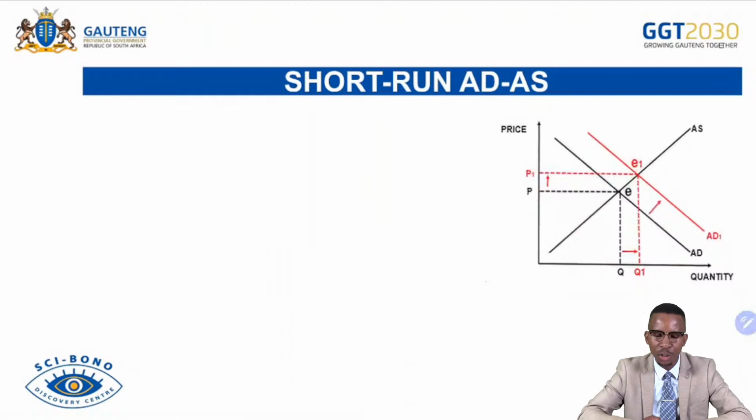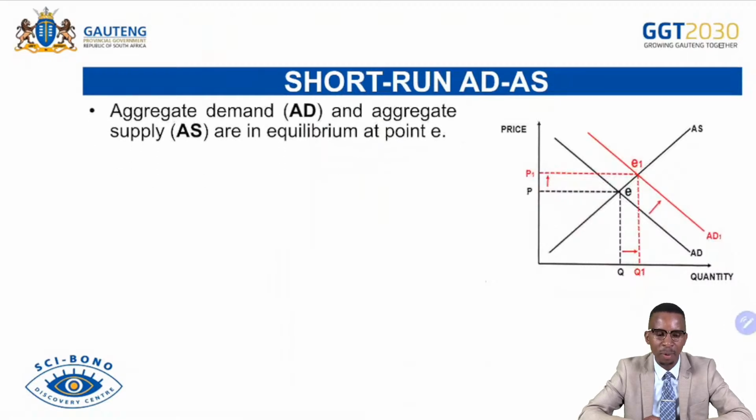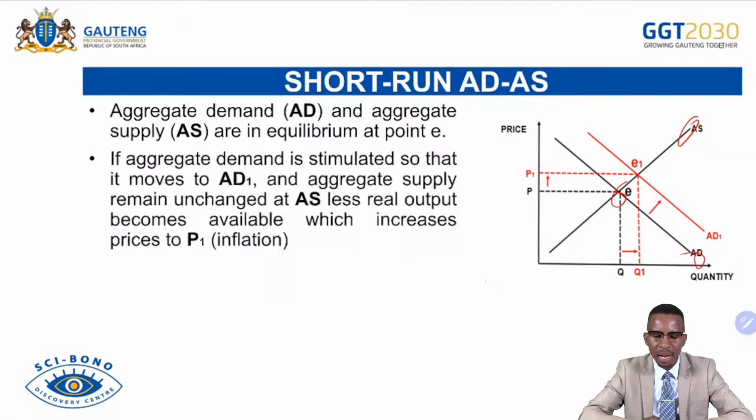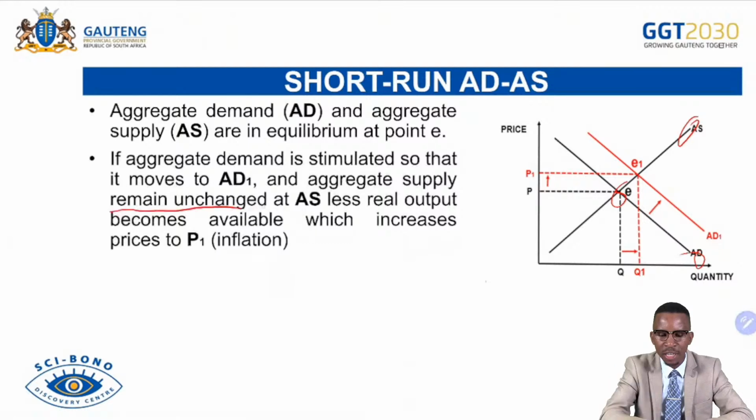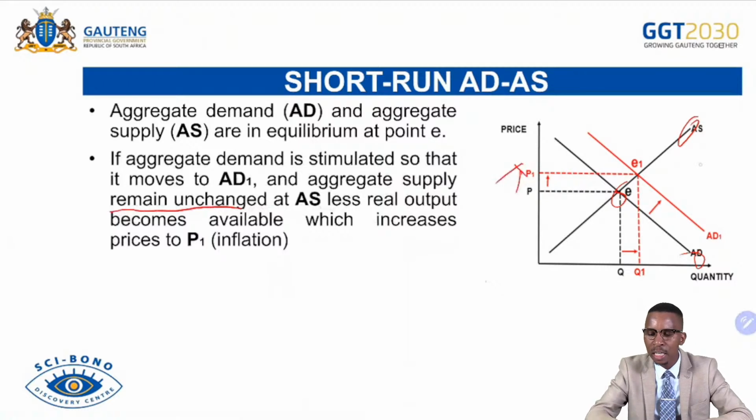So this explains the short run aggregate supply and aggregate demand. Aggregate demand AD and aggregate supply AS are in equilibrium at point E. Here we go, where we have AS and AD. And then if aggregate demand is stimulated so that it moves to AD1, aggregate supply remains unchanged at AS, less real output becomes available, which increases the price. We see the price increasing caused by the fact that aggregate supply remains constant at AS.